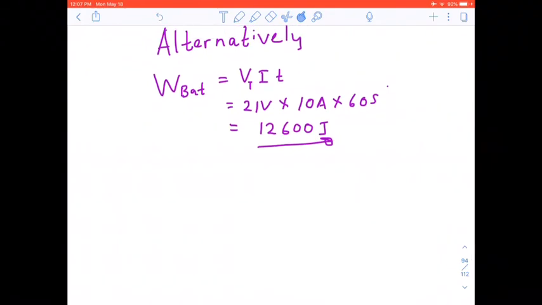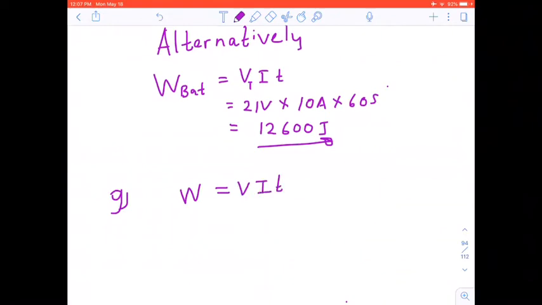Right, but if we want to look at it a bit differently, we could say, okay, we know that W is equal to VIT.